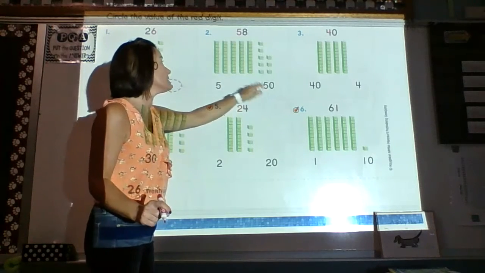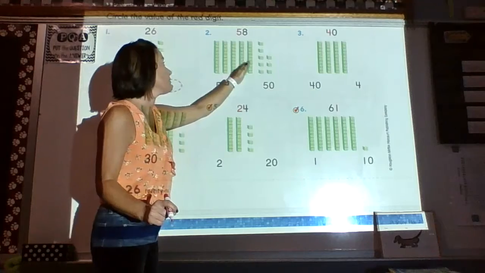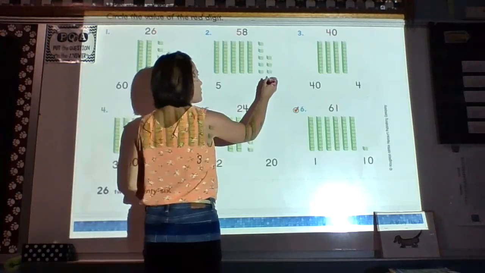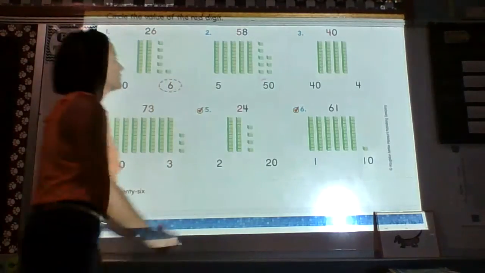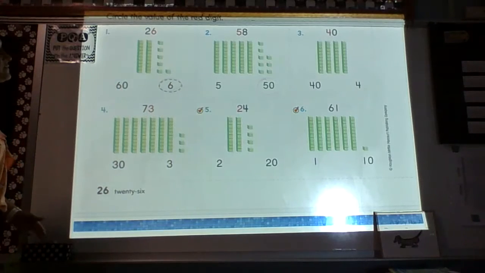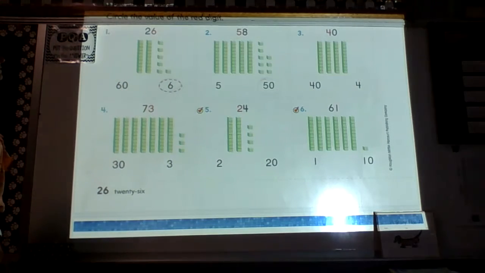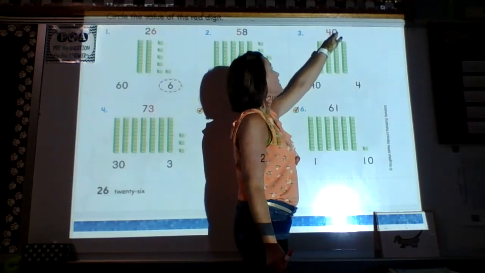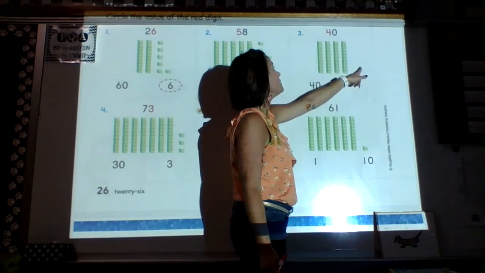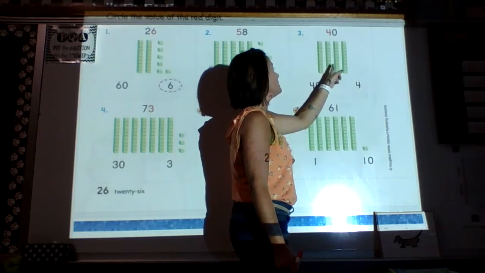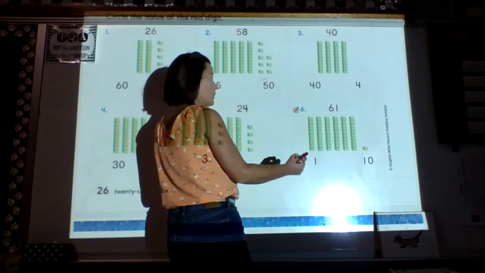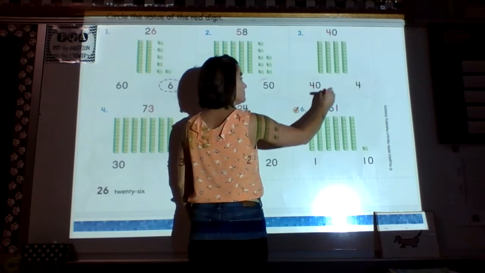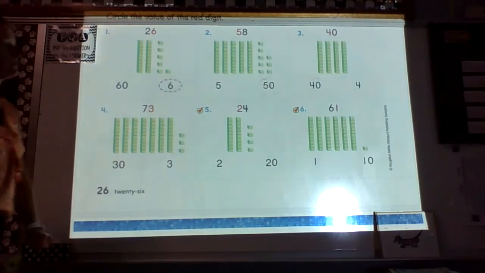It's 5 tens. 10, 20, 30, 40, 50. So it makes the number 50. It stands for 50. Same thing here. Tens place, ones place. 0 singles, but I have 4 tens. 4 tens equals 40.